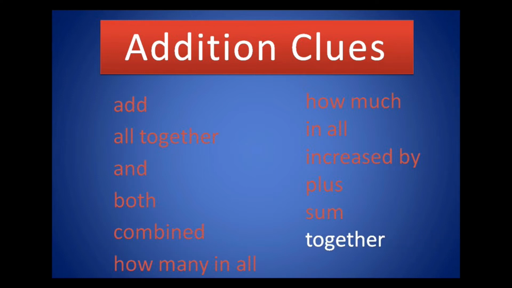And then we have together. Now remember, our second word on the first column was all together, and then you might just see together. Together may refer to just a particular thing, or a group of things, whereas all together is going to say everything in that whole problem is being added together.